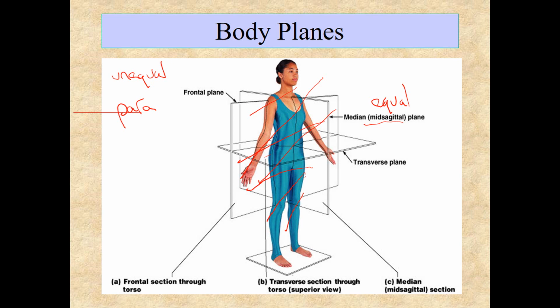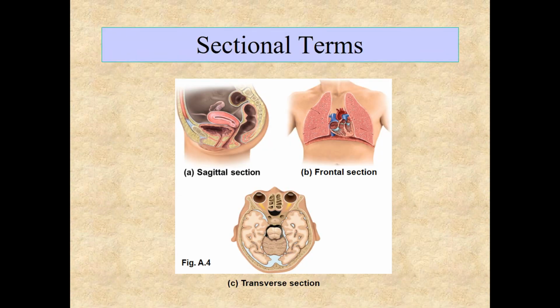The next two slides are more just to give you an idea of something that you might come across later on. I'm just introducing this notion to you: sagittal, frontal, and transverse cross sections. Here, these are examples of different body parts.